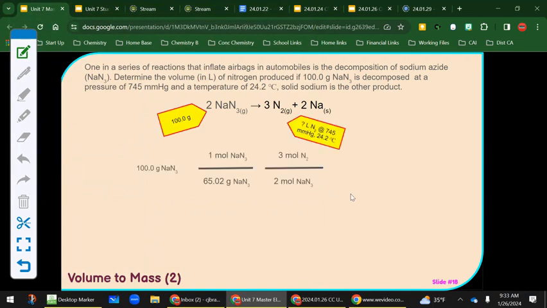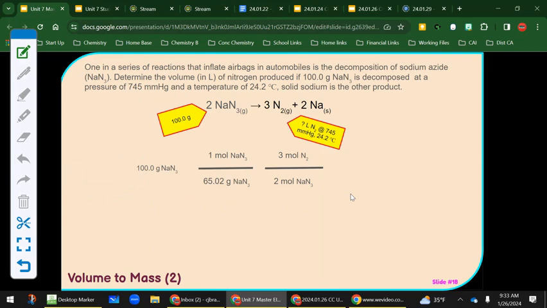Okay, so that's better, ladies and gentlemen. Now, the reason that I am stopping here is because what am I going to use to find the volume of this? What formula? PV equals nRT. And there's no easy way for me to continue that in this method.